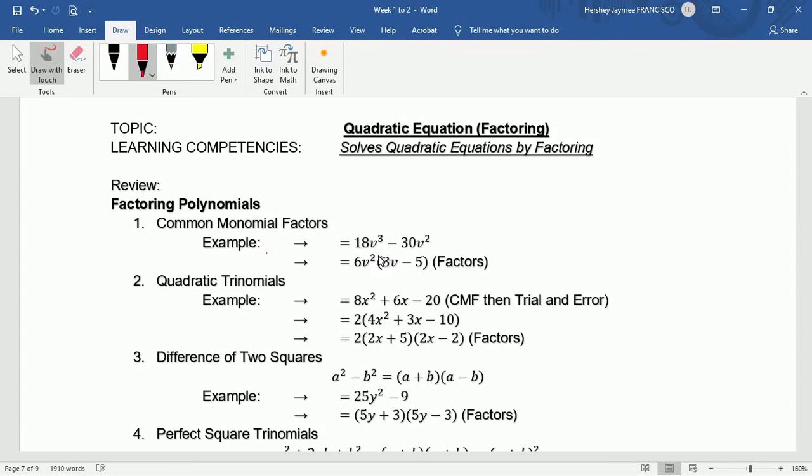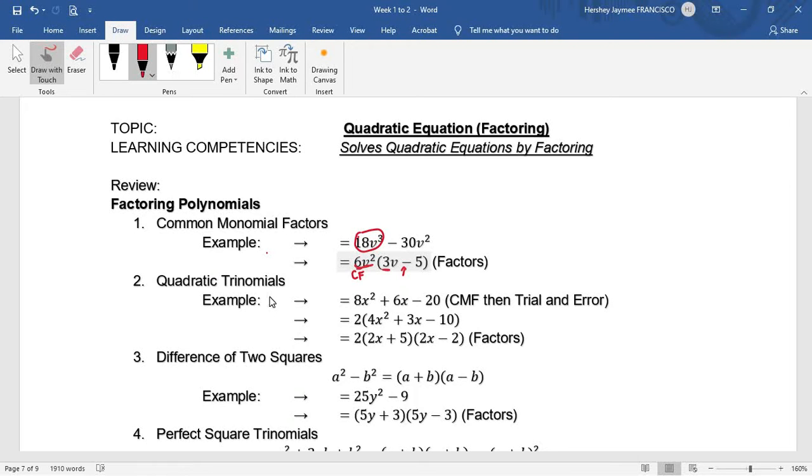Yung matitira dun sa loob ng parenthesis ay yung sagot kung saan i-divide mo itong 18v cubed sa kanilang common factor. So we have 3v minus, since minus yung operation ng dalawang term na to, gagayahin mo lang, and then 30v squared divided by 6v squared is equal to 5. So, ganyan yung common monomial factor.